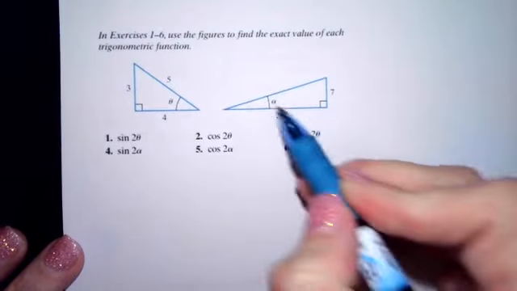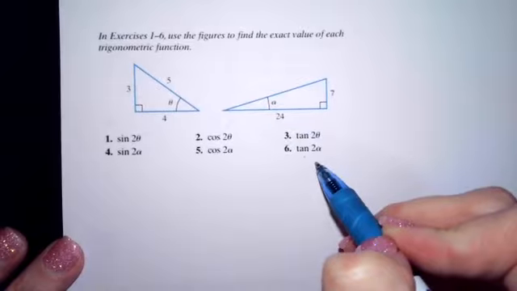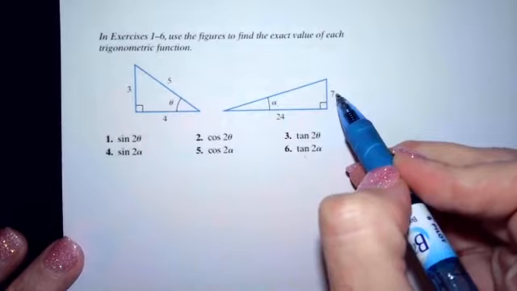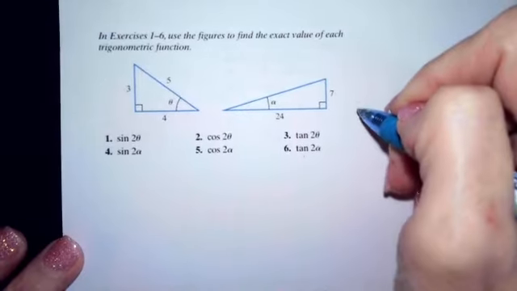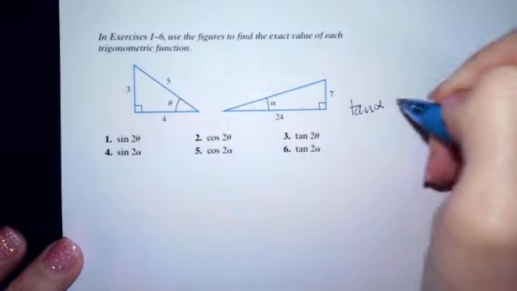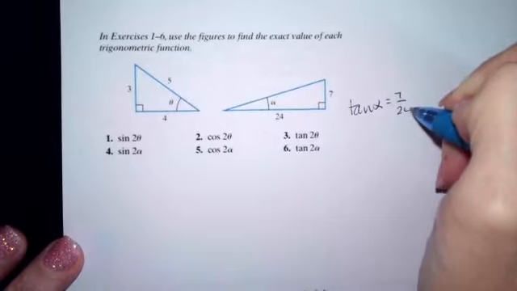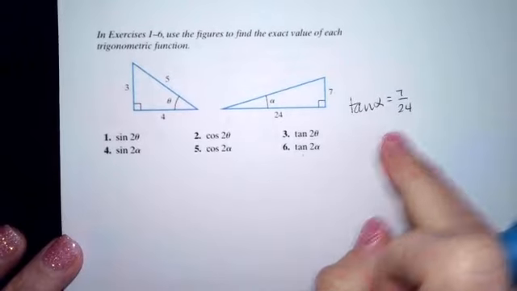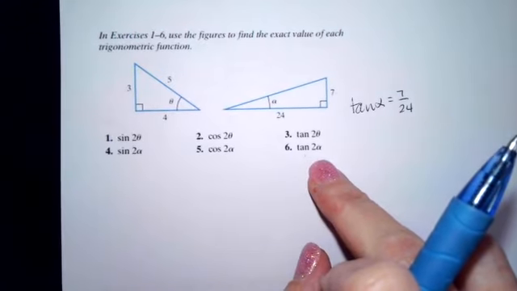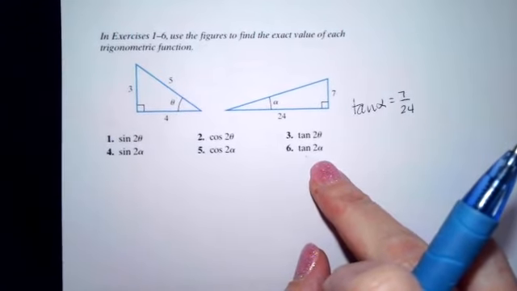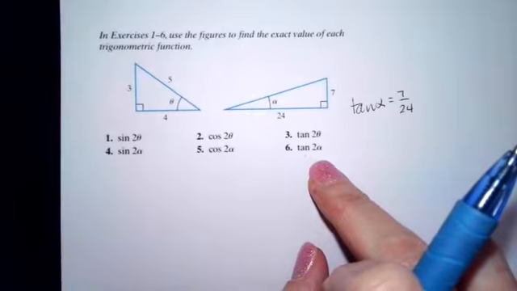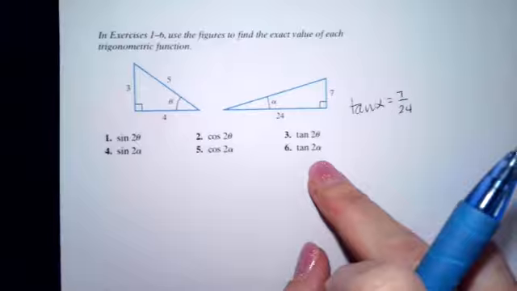But then I need tangent of theta, or sorry, of alpha. So tangent is 7 over 24. So tangent of alpha is 7 over 24. So if I've got this, then I can use that to find my tangent of the double angle.